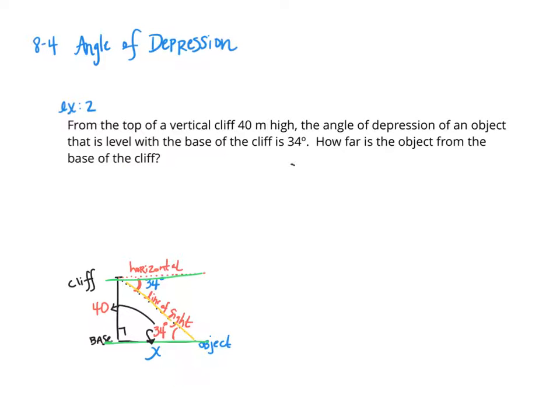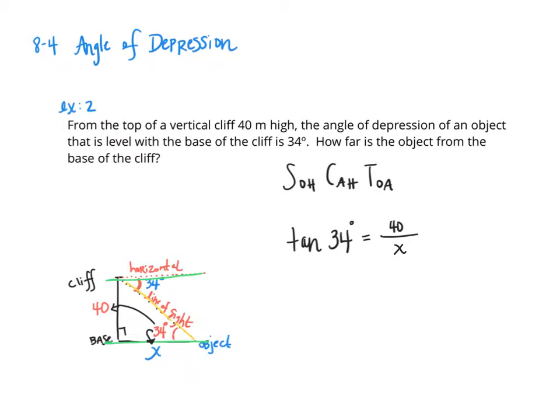So when you think about SOHCAHTOA, I don't have a hypotenuse, so that actually eliminates the sine and the cosine. So all I have left is the tangent. So can I take the tangent of a 34 degree angle and say that's the ratio of the opposite, which is 40, over the adjacent, which I don't know, but I can call that x.